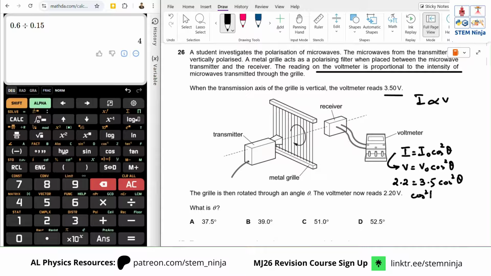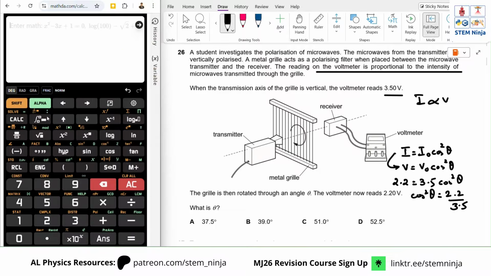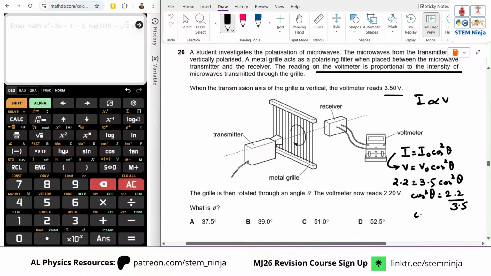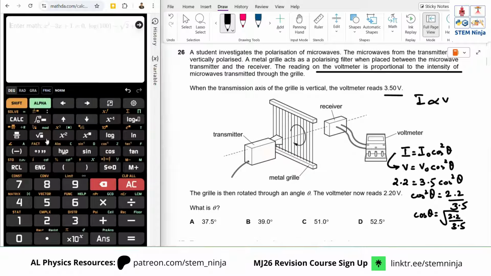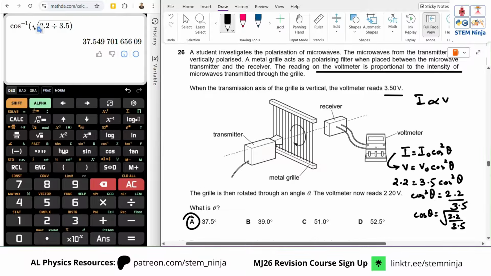So cos squared theta would be 2.2 over 3.5. First off, you would need to do the square root of 2.2 over 3.5 and then do the cos inverse. So cos inverse of the square root of 2.2 divided by 3.5. So this would be 37.5. So this is A.